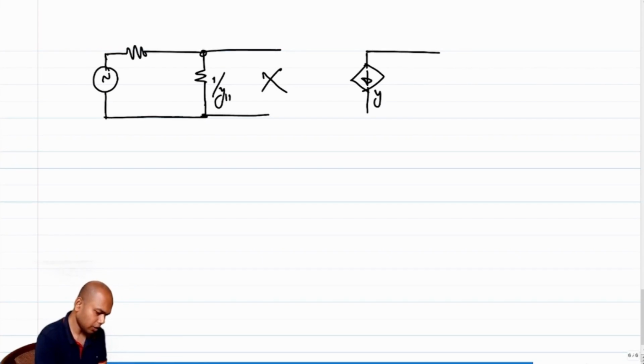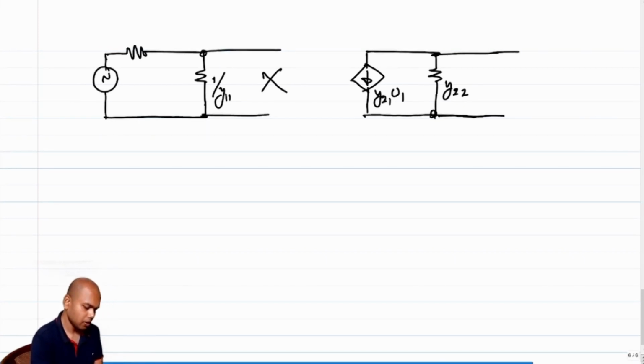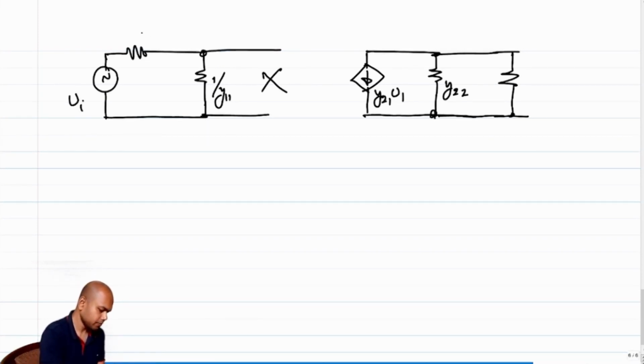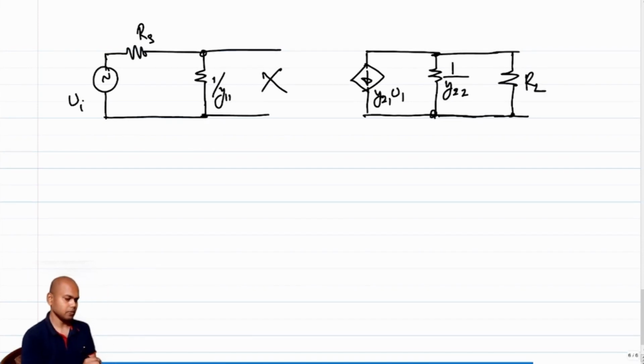So if this is Y21 V1, this is Y22, and you have a load resistance, GL over Y22. And this is V1.